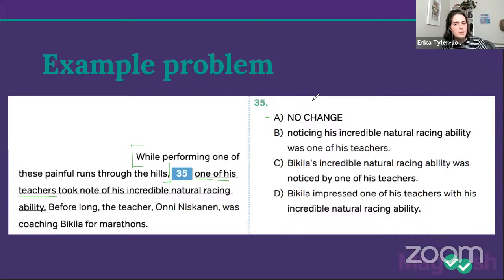Okay, that's interesting. Actually, before we talk about A, who do you think is running through the hills? In the chat, just with words. Who should be running through the hills in this sentence?